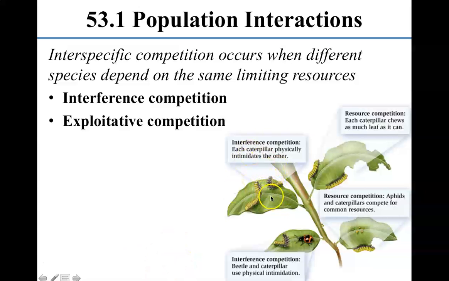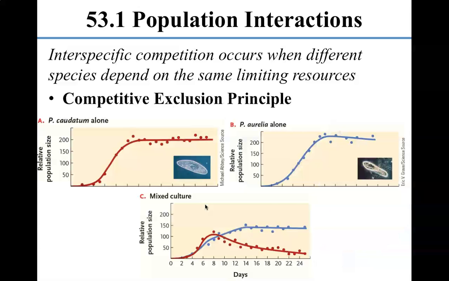These two caterpillars are trying to eat the same leaf, and so they're kind of competing over this limited food resource. In exploitative competition, they're not necessarily competing directly. Instead, they're using the same resource. So in exploitative competition, a lion eats an antelope, and that means there's one less antelope for the leopard to eat. So just two different ways that competition can take shape.